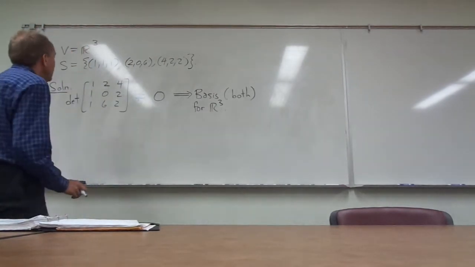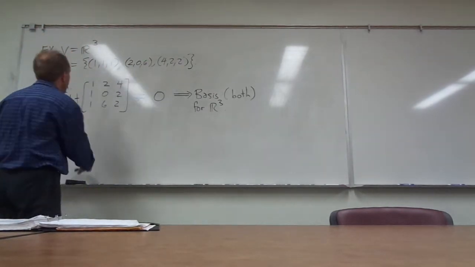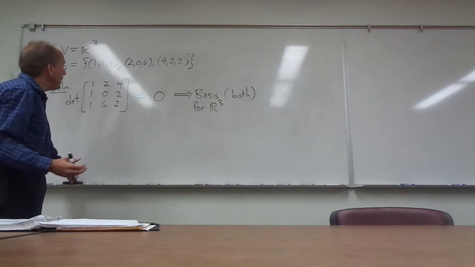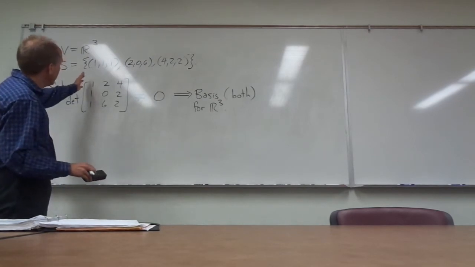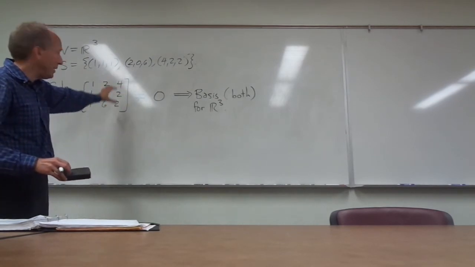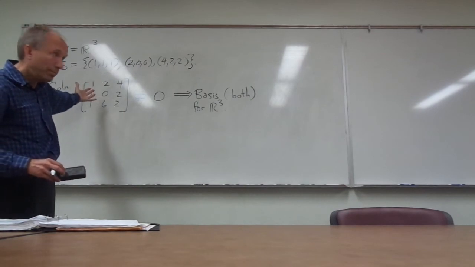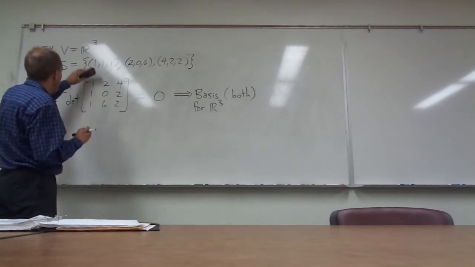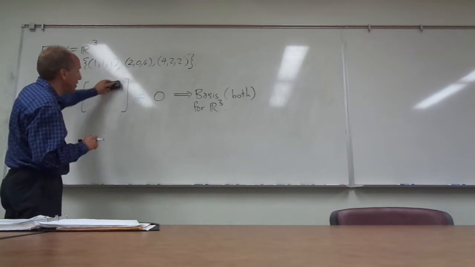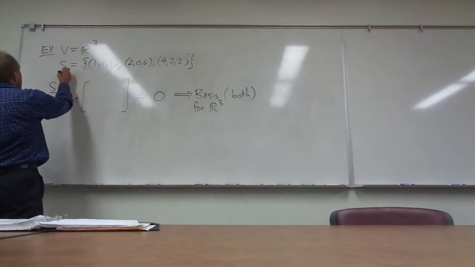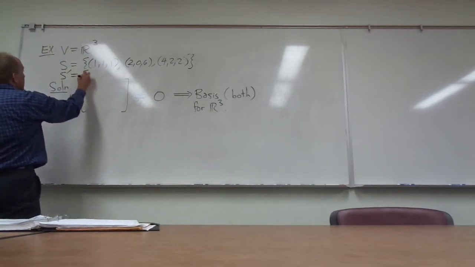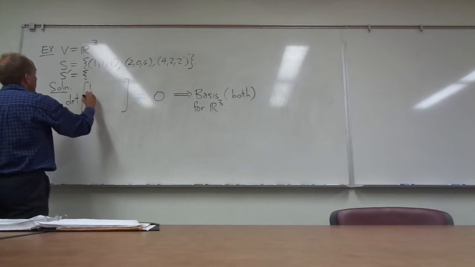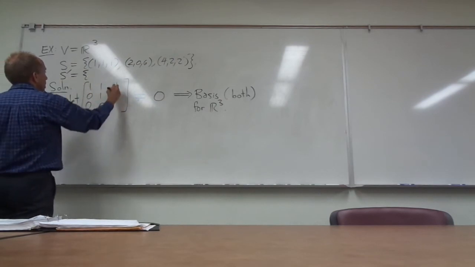So this is a basis for R3, but as you can see, as long as the matrix that I get here is invertible, I'll have another basis. I can make lots of bases here. So let's say I have an S prime, which is (1, 0, 0), (1, 1, 0), (1, 1, 1).